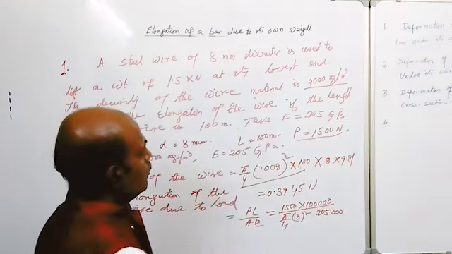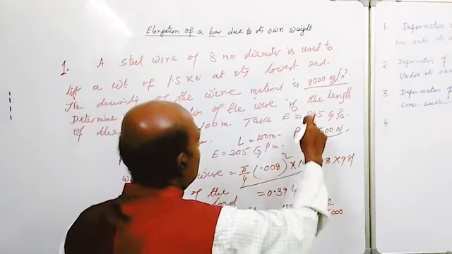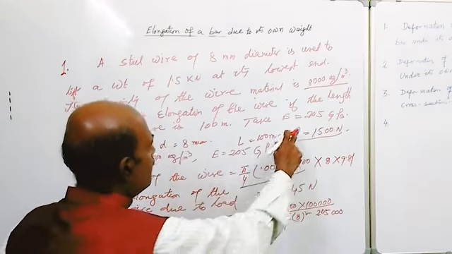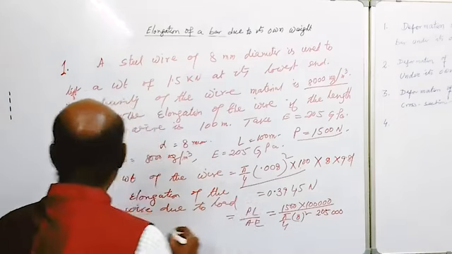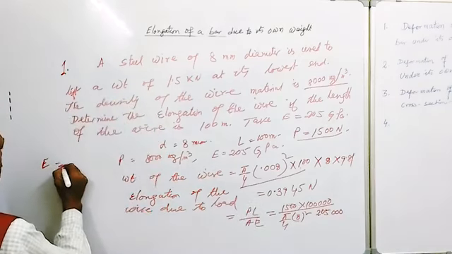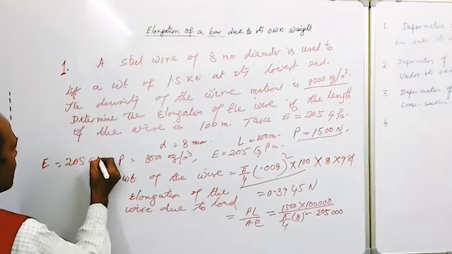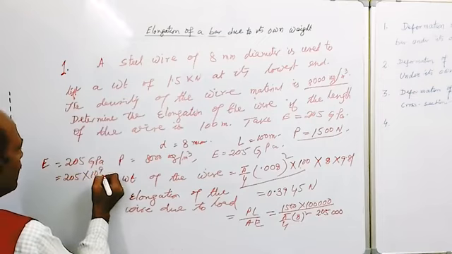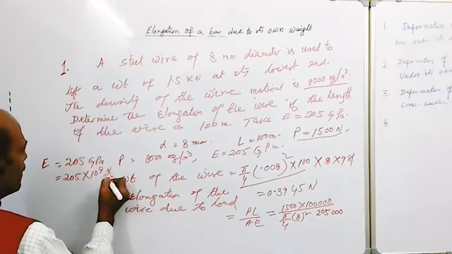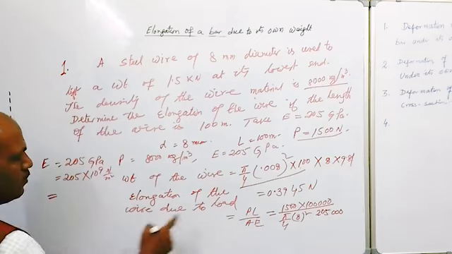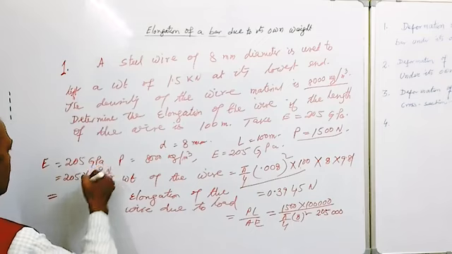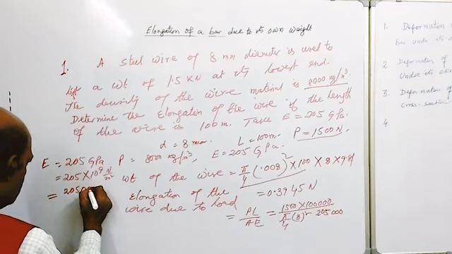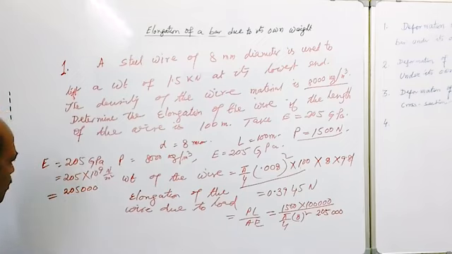E is equal to 205 gigapascal, which we can write as 205 into 10 to the power 9 Pascal, means Newton per meter square. Now if we convert it to Newton per millimeter square, it will be 205 into 1000, the 10 to the power 6 will cancel out, so it will be 205,000.